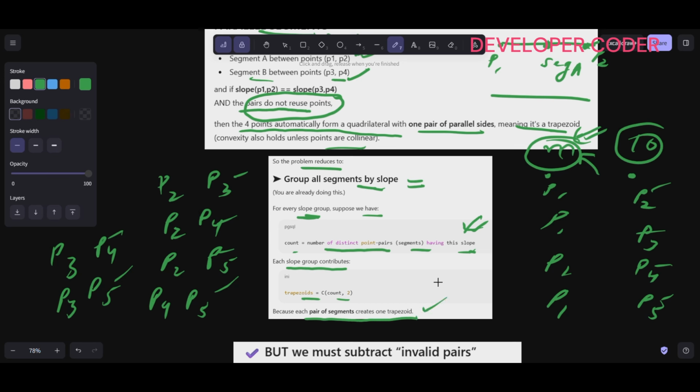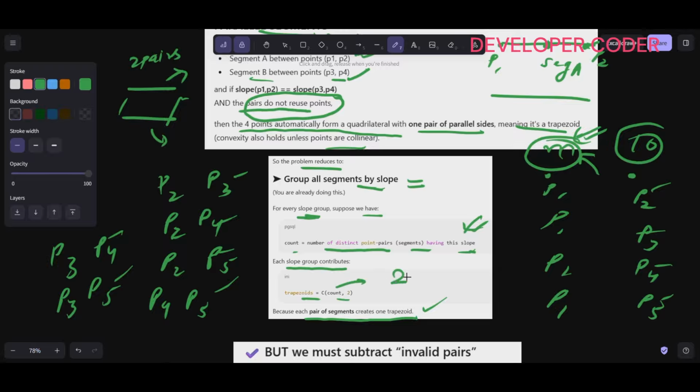If you take two segments, they just contribute one trapezoid if they have parallel slope, right? So that is why I'm writing it like this.